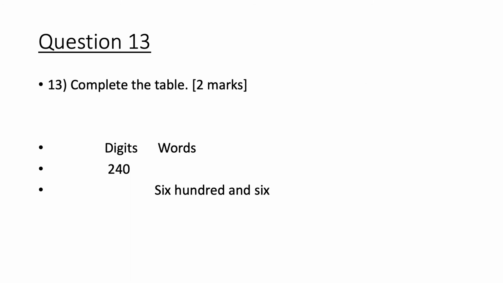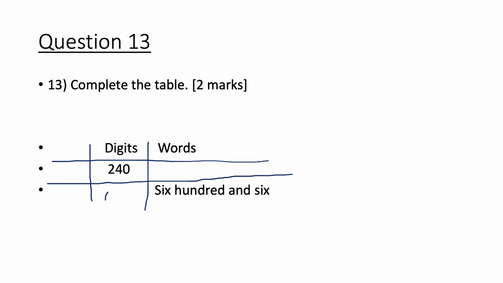This is question number 13, guys. Complete the table. Okay, so I've got digits and words. Let's do the second one first, actually, because it's a bit easier. 606 is 6, 0, 6. 240 is 200, so HUNDRED, so 200 and AND, and then it's going to be 40, which is FORTY.